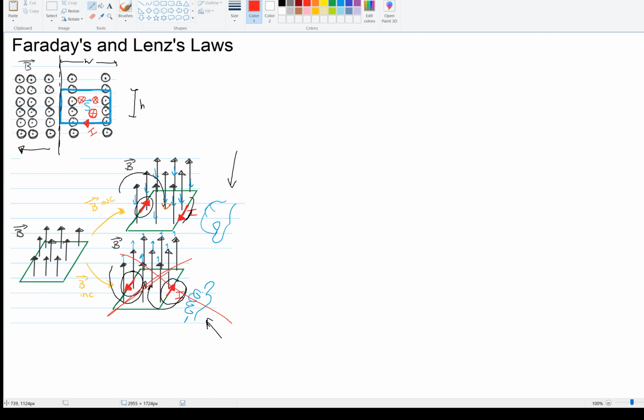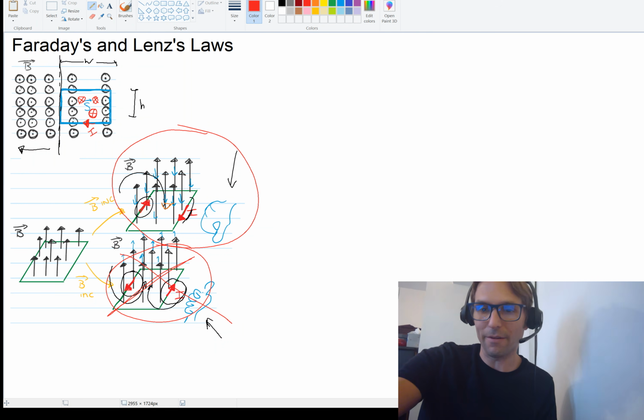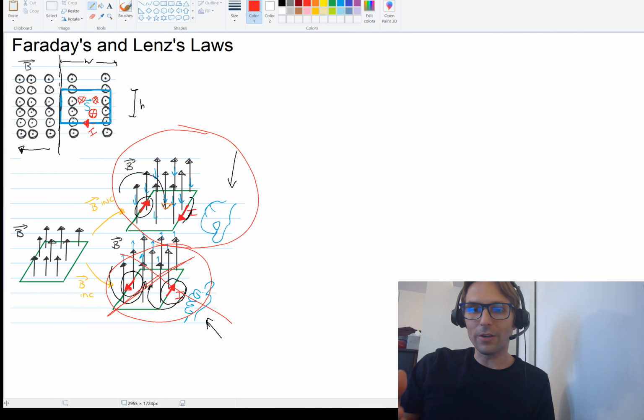So this would be the wrong situation here, and it's the top situation which is correct. And again, that's known as Lenz's law, the fact that the induced current opposes the change in magnetic flux. So that was a lot, and let's look at a few examples now that I have coming up for you.